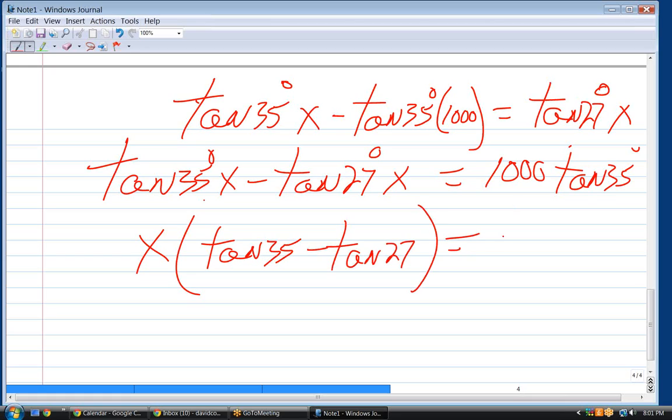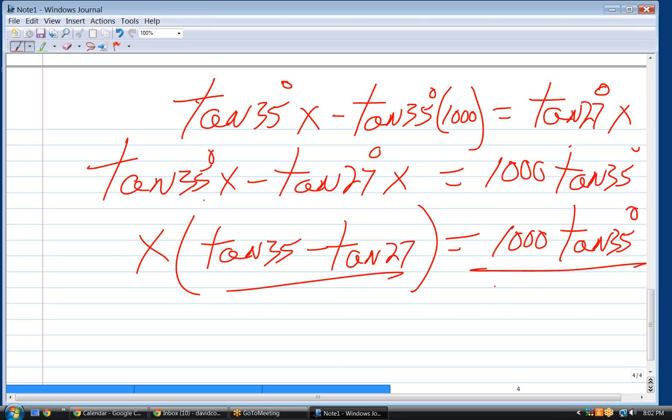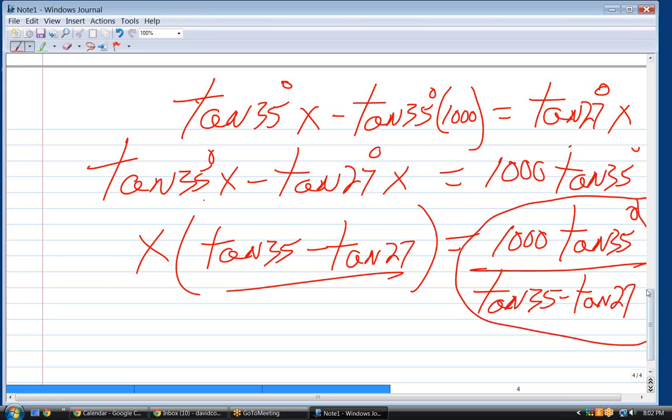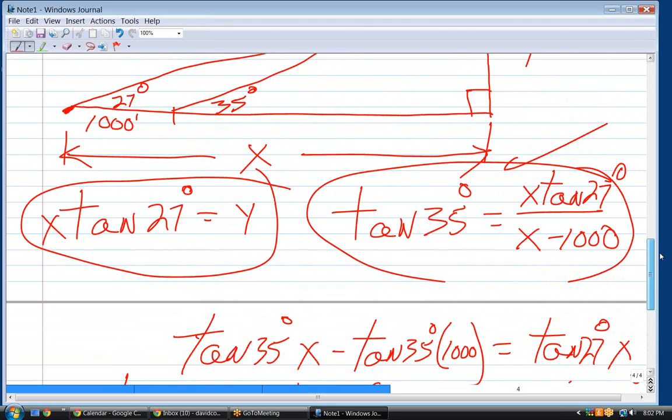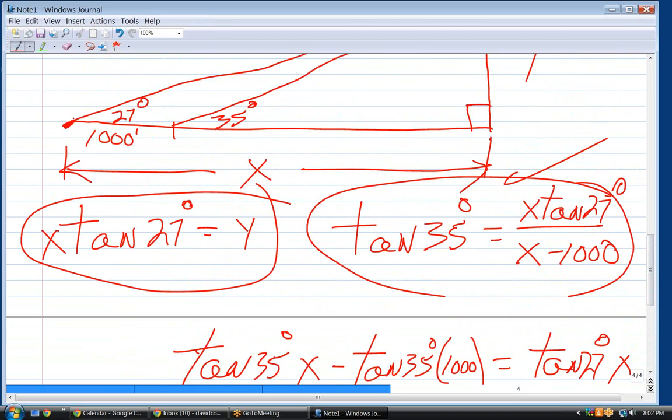And it's all equal to this number here. Divide both sides by that. X is going to be that quantity. That's a number. That will give you the distance from the mountain, from the original spot.